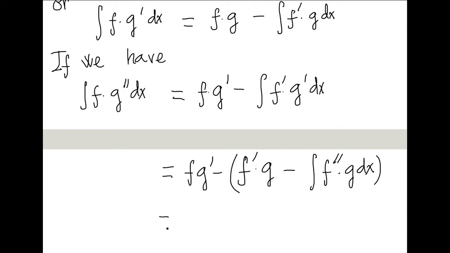Distributing the minus sign, we will have f times g prime minus f prime times g plus the integral of f double prime times g dx.